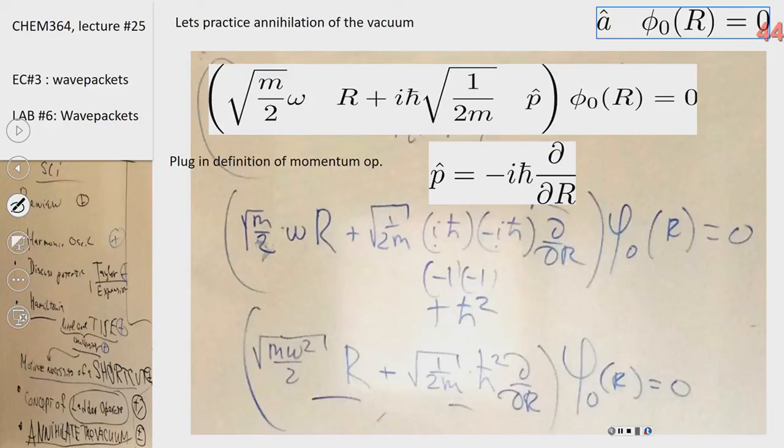So we plug in all the known coefficients, plug in the definition of momentum here, and then we get a differential equation that has first derivative over position and position as an operator. So no second derivative, no second power. Definitely simpler. How do we solve such equations?